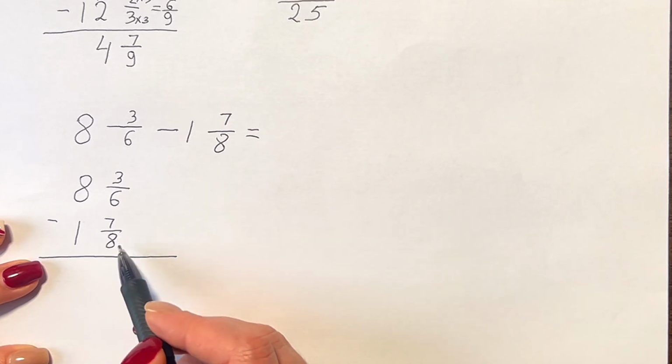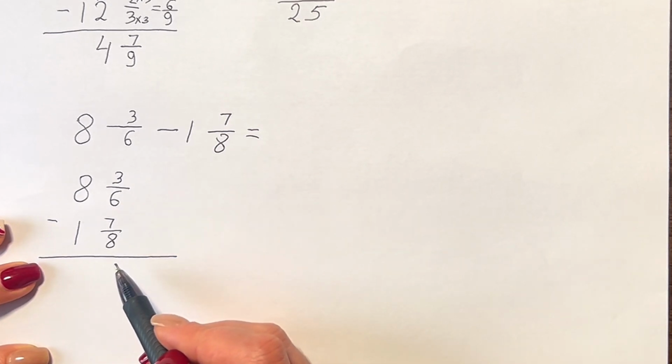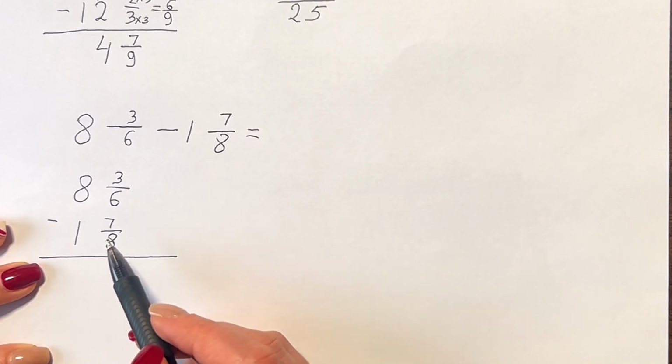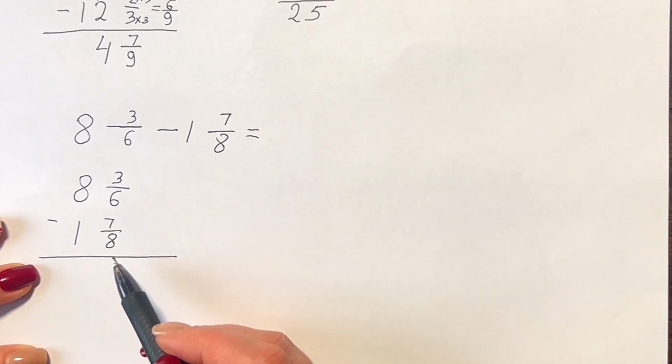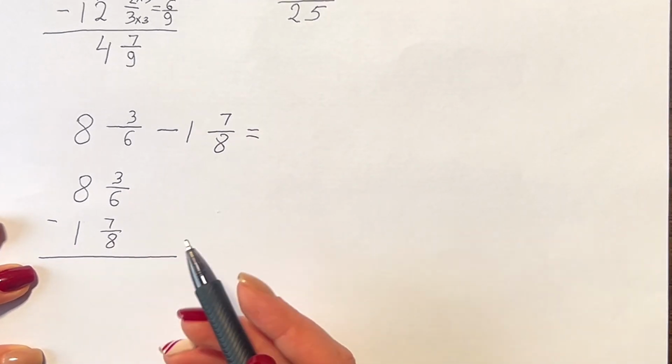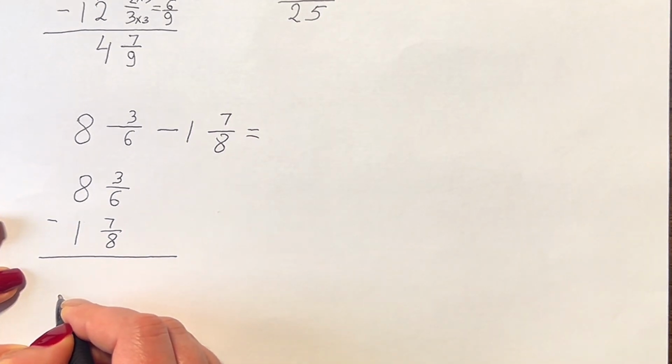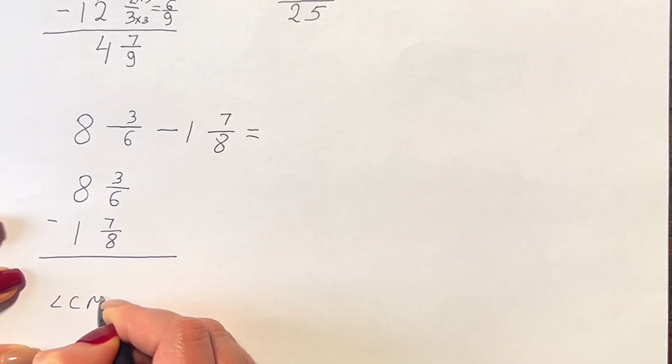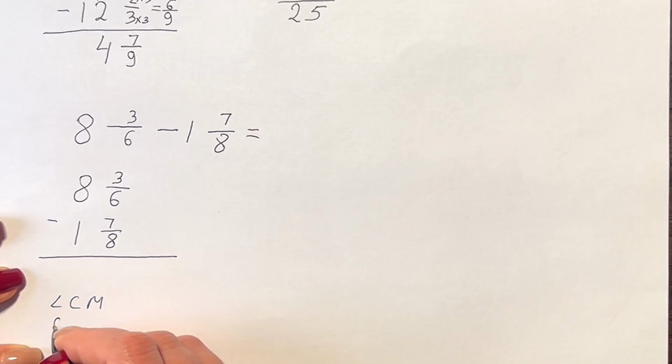Fractions, the denominator is not the same. Let's make it the same denominator. What is the least common multiple of 6 and 8? If you can't do it mentally, it's okay. You can write it down. Least common multiple of 6 and 8.